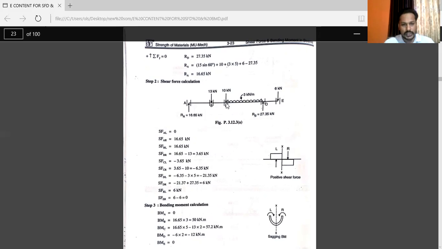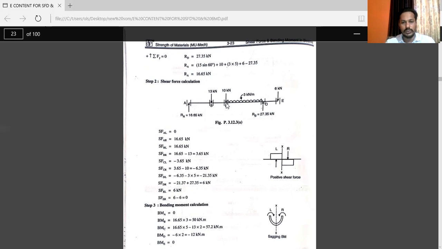So 16.65 into perpendicular distance from C, that is 5. So 16.65 into 5 minus, because this 13 kilonewton will move in the hogging condition. So minus 13 into the distance between B to C, that is 2 meter. So minus 13 into 2. Answer is 57.2 kilonewton into meter.